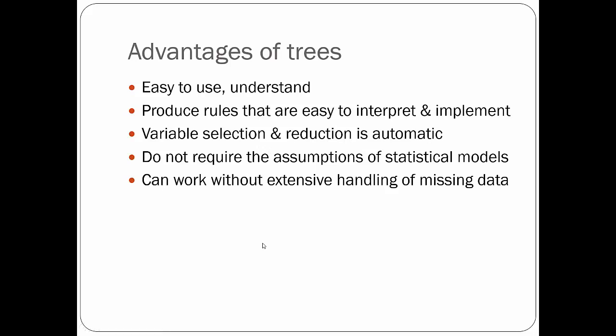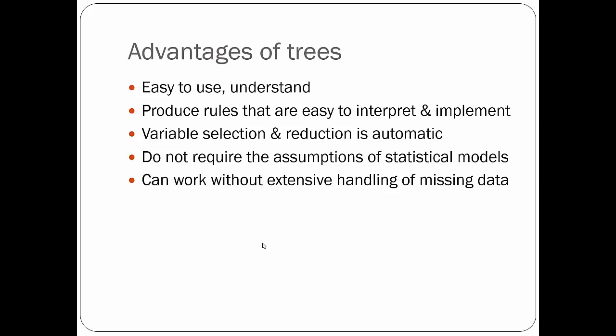So if you have hundreds or thousands of variables, you don't need to first do variable reduction. The method itself will perform the variable reduction for you, and if the variables are correlated, it doesn't matter.